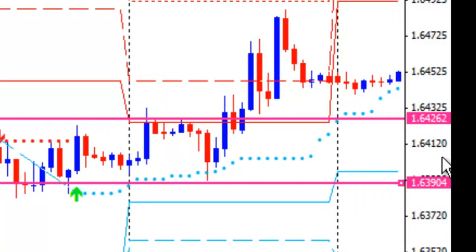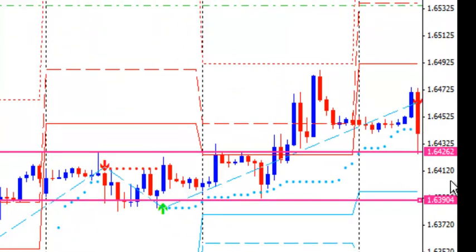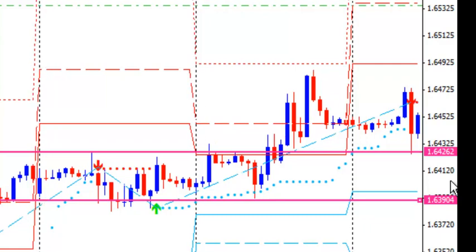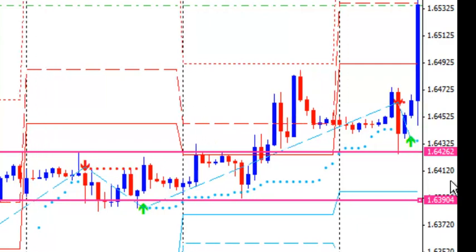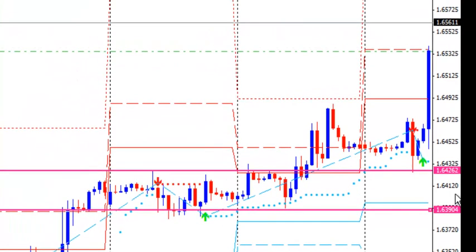Market's really not doing much prior to the meeting. It even comes back down and retests that level again, that 64.26 support level. Comes back up again, and that's when Gov Carney started talking, and he had quite an impact on the market.